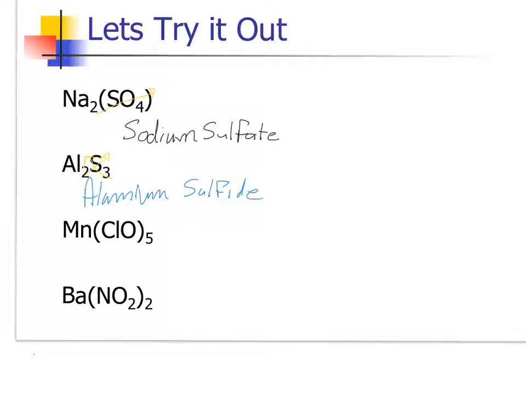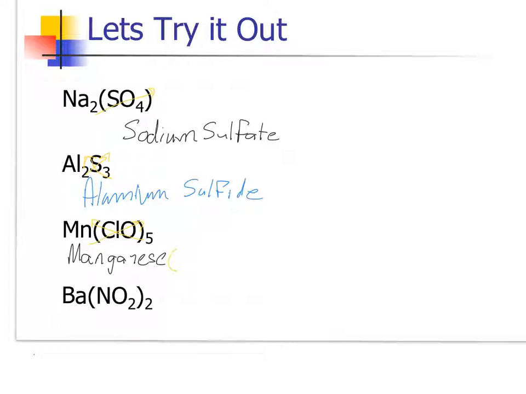The next one I have, we can see that we have manganese, and that's an odd one, and hypochlorite, and that's where we can see using the parentheses can be very nice, and it helps us identify our polyatomic ions. And so I have manganese, and it's 5 because if I do the reverse crisscross, I can see, oh look, that's where the 5 came from.